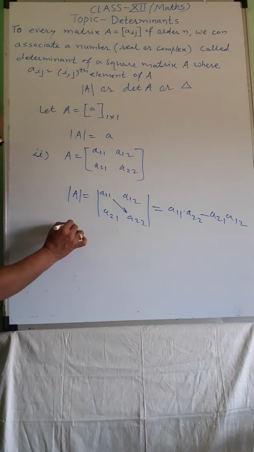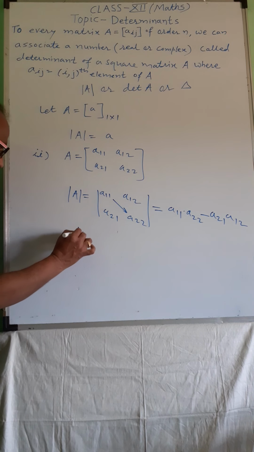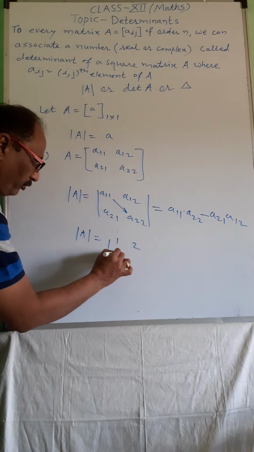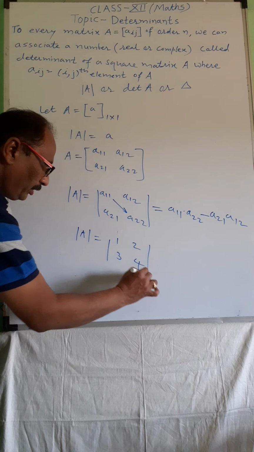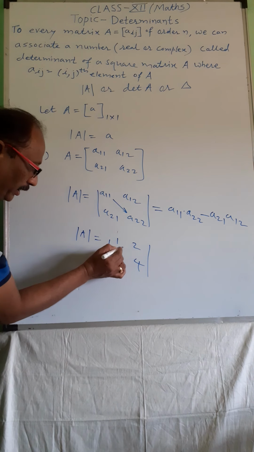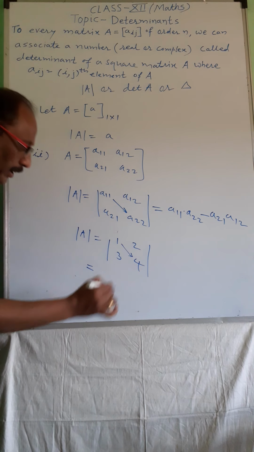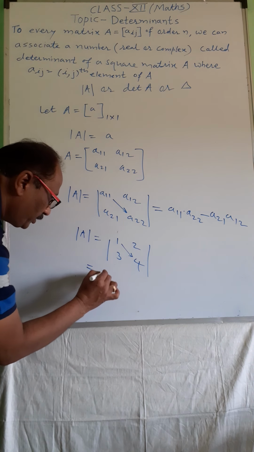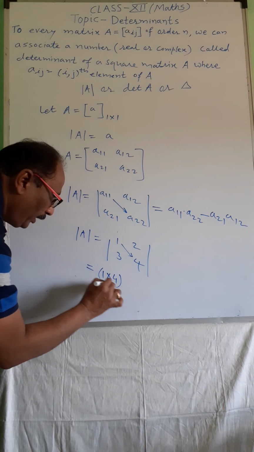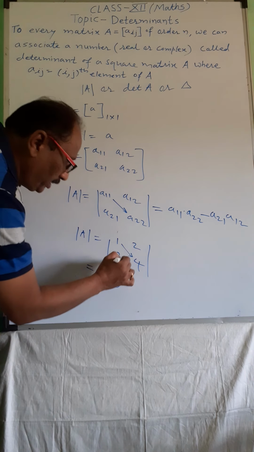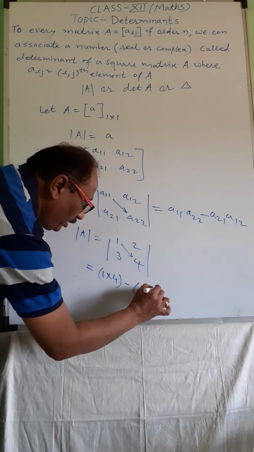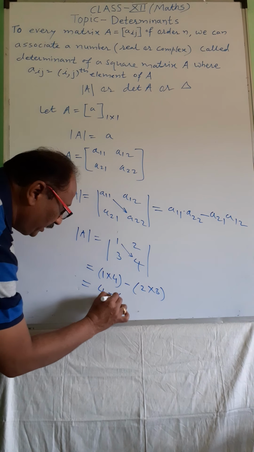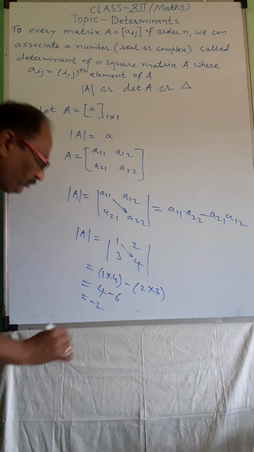Suppose the determinant of A has entries 1, 2, 3, 4. Then the value of the determinant is 1 into 4 minus 2 into 3, that is 4 minus 6, which is minus 2.